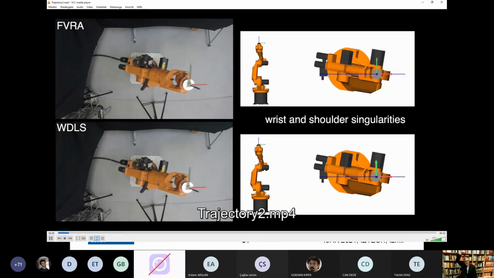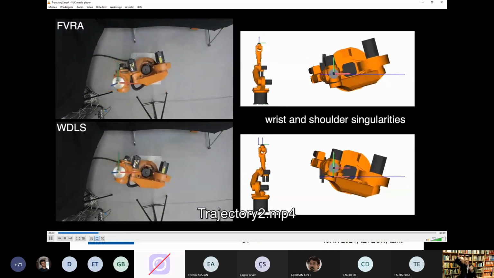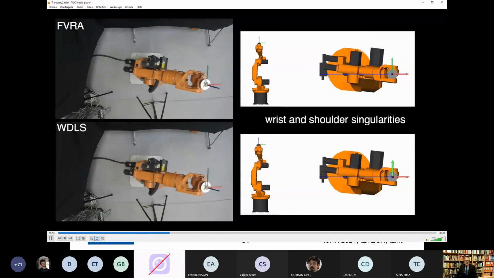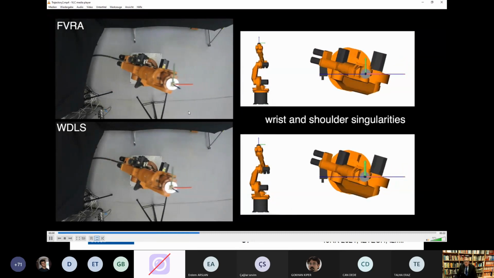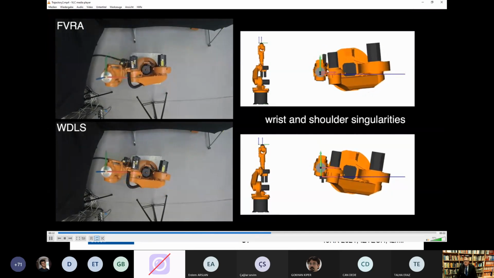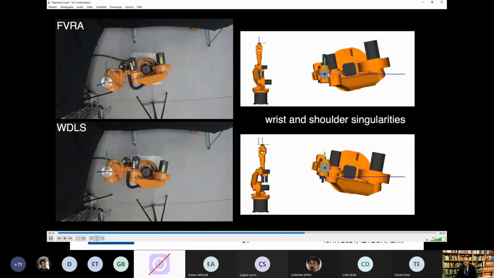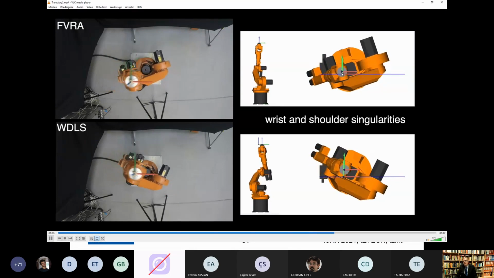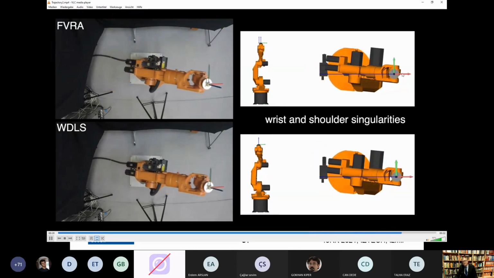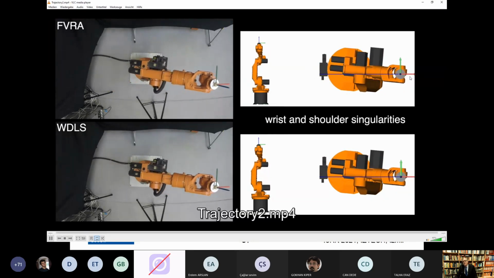Then of course this degree of freedom becomes free, the rotation about this axis, and this means that some others are locked. And here you can see again, if you use this virtual revolute axis, because we introduce an error, when you pass this you have to leave the track, but it will come back quite soon to the track.